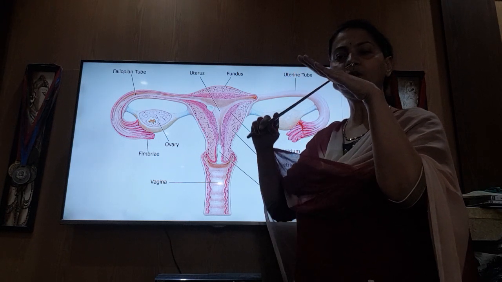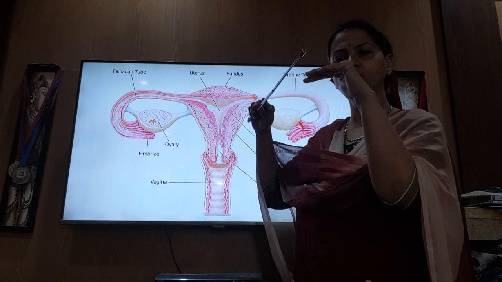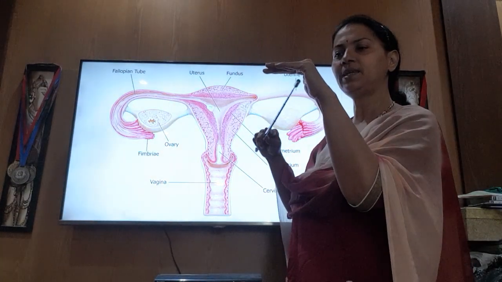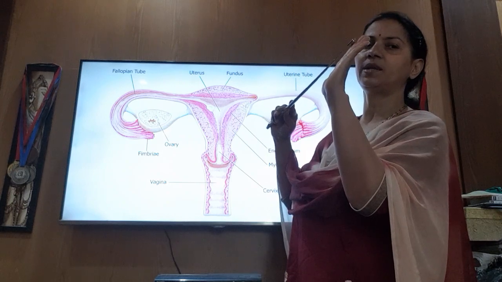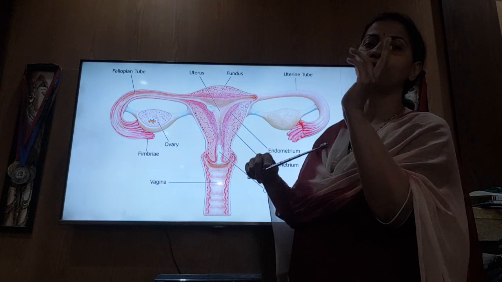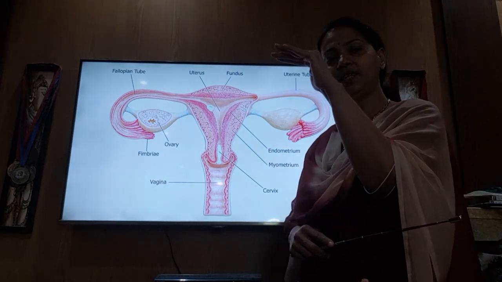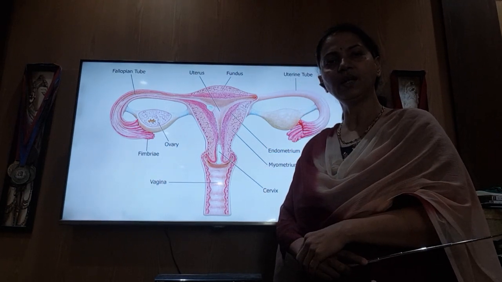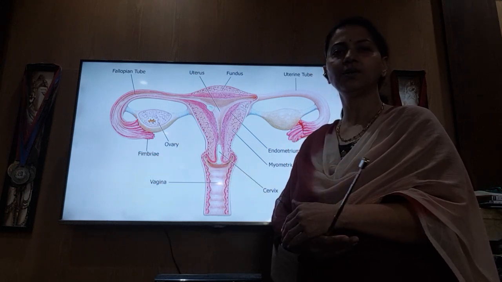Then the body of the uterus, suppose this is the body of the uterus, its axis is also folded on itself like this, and this is called anteflexion. And suppose it is in the opposite direction, we will call it retroversion. So this position of anteflexion and anteversion is very important in preventing prolapse, and so it gives support to the uterus.